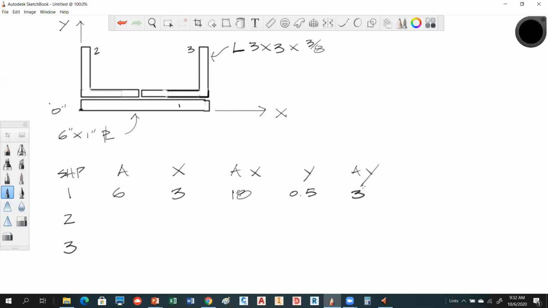And you've got a lot of numbers on these. We are looking for an angle that is what's called a 3 by 3 by 3/8. Notice in the shape column, they have different values. If you go to page 610, you can find a 3 by 3 by 3/8 in there.